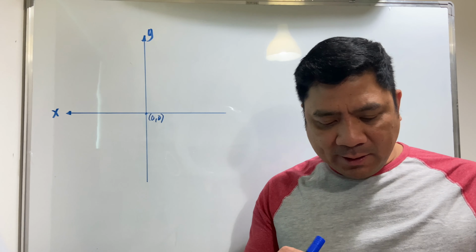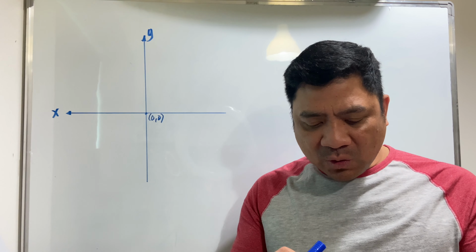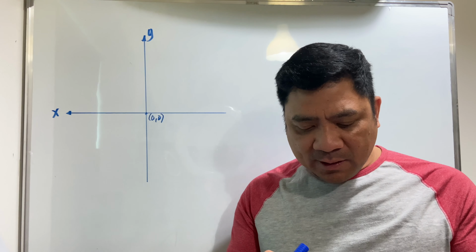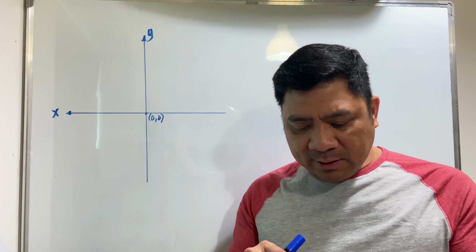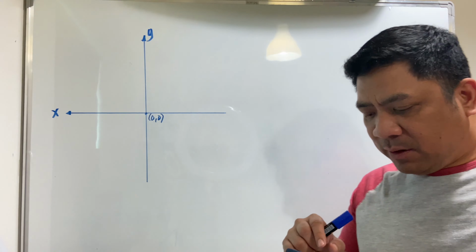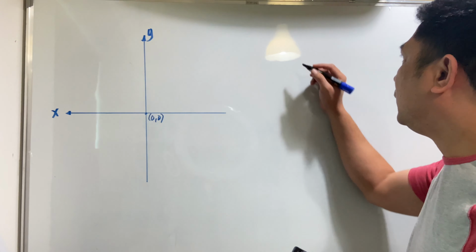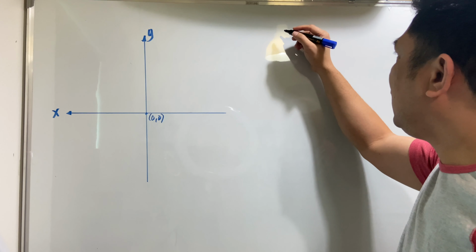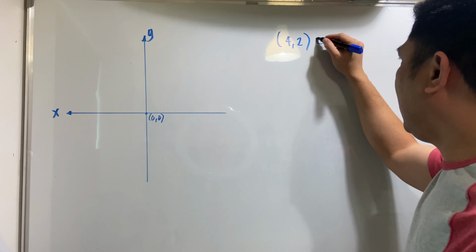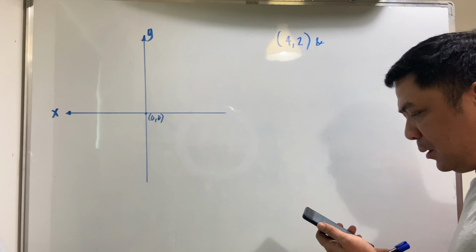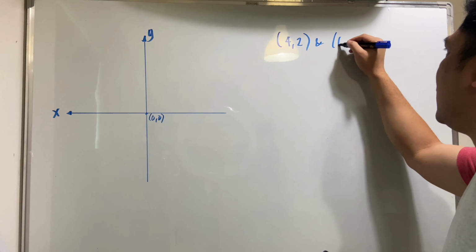We have a problem here that was sent to us. Actually it's an assignment. It says, what is the equation of a line that passes through the points (4, 2) and (0, 6)?